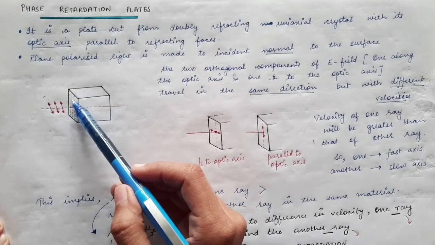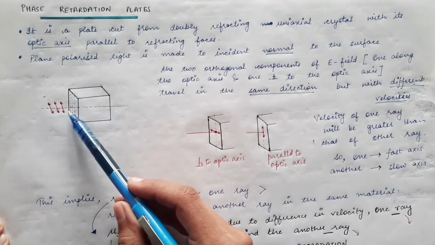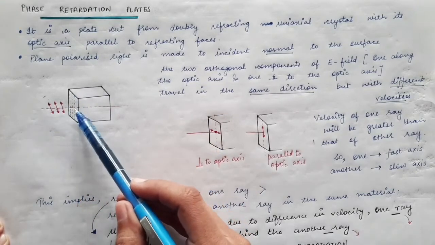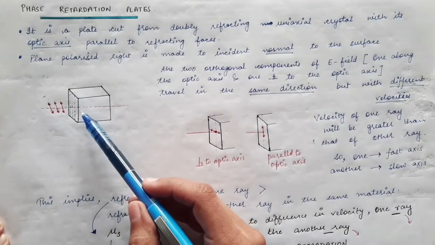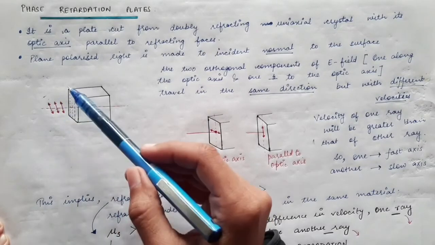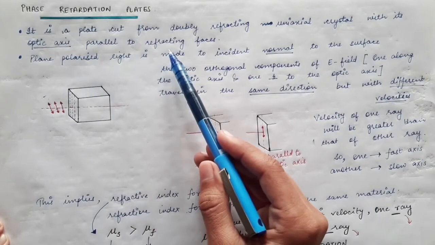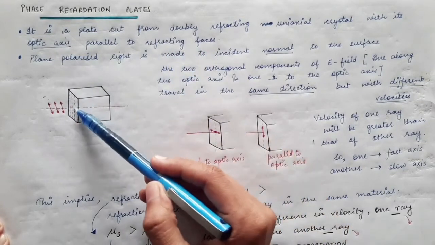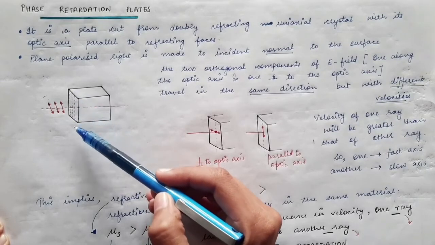This is the refracting face where the light will be incident. This face will be called the refracting face. Now the optic axis is parallel to the refracting faces.